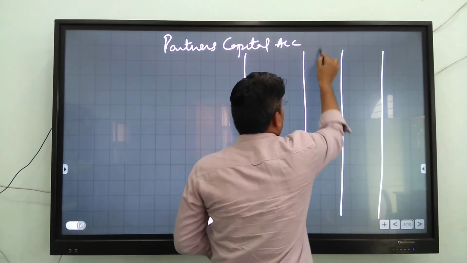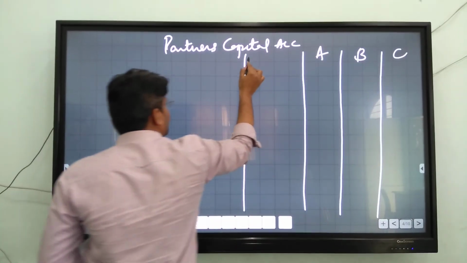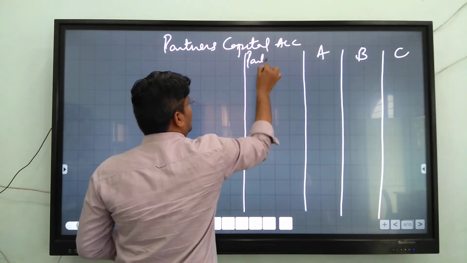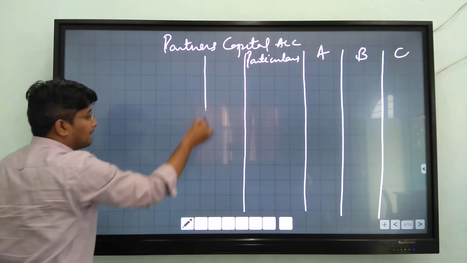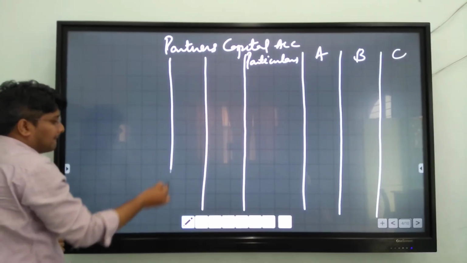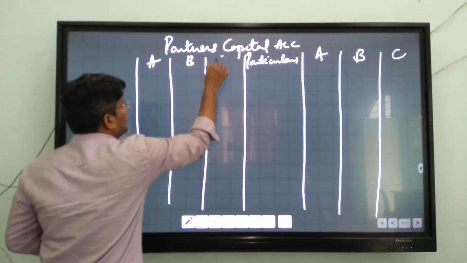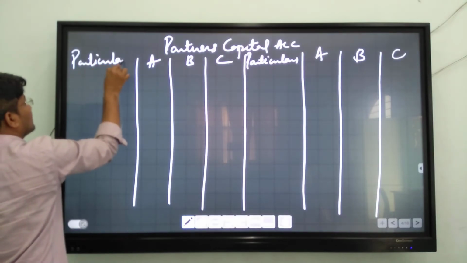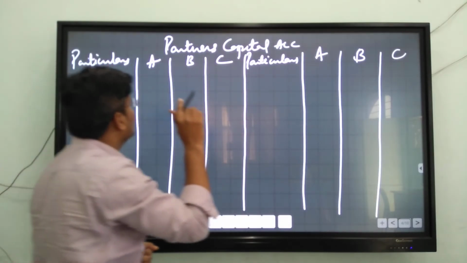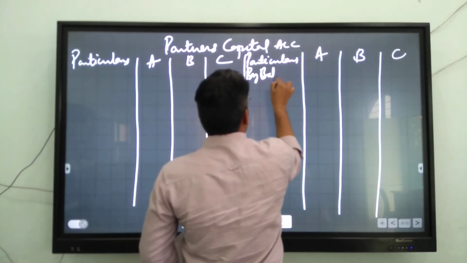There are three partners A, B, and C. In this account we have to write by balance b/d.